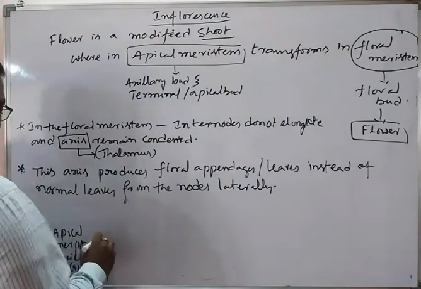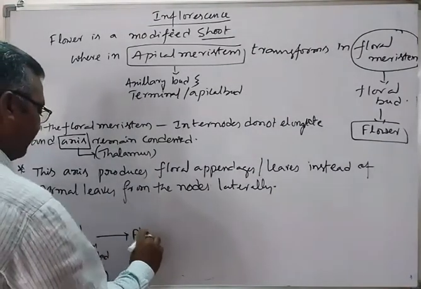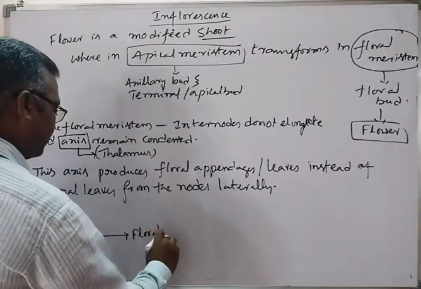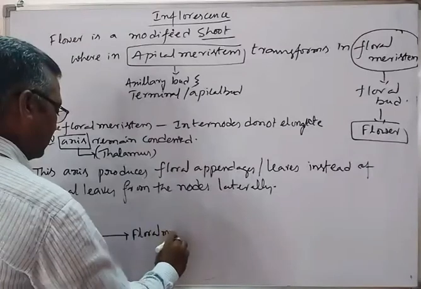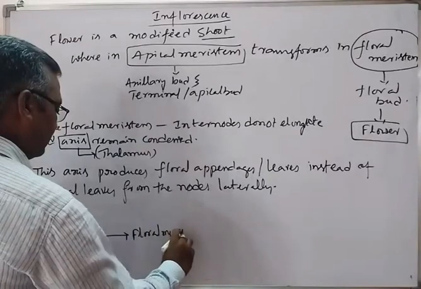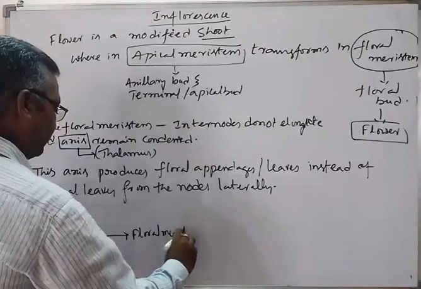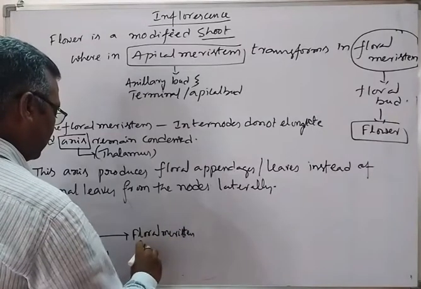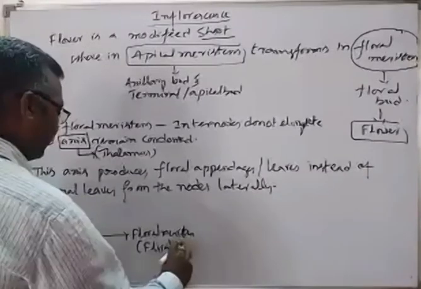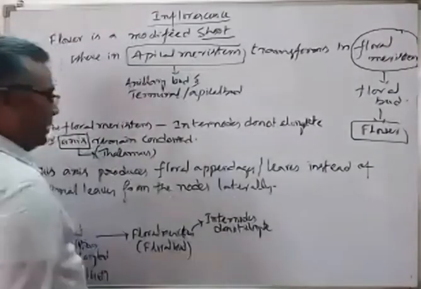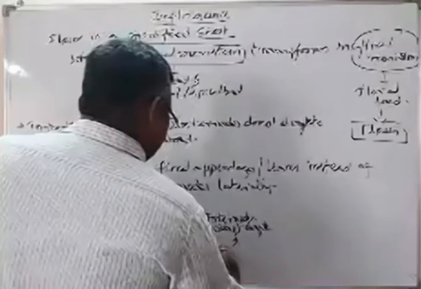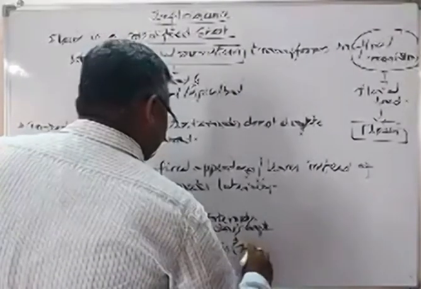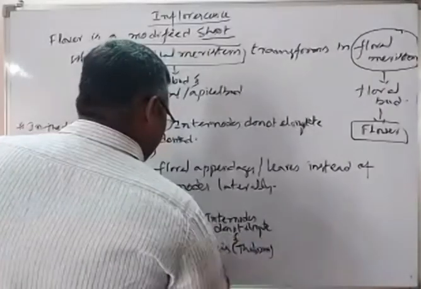I said this apical meristem becomes floral meristem. Where is this present? In floral bud. Here, internodes do not elongate. And axis is condensed. Axis means thalamus is condensed.